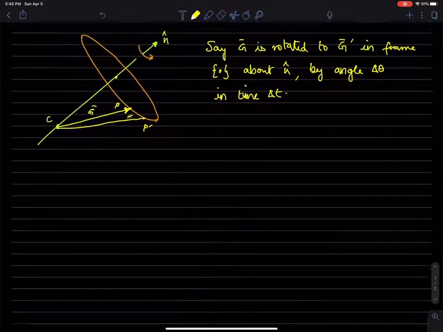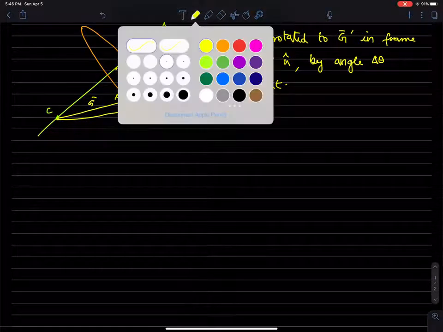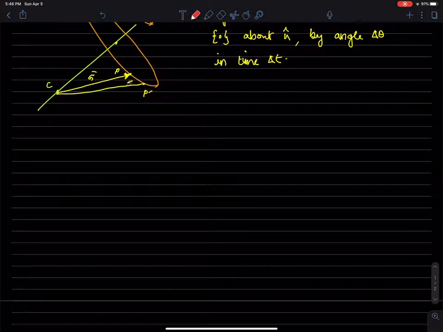So consider a small period delta t, and what happens is we've rotated this vector. This angle is delta theta.